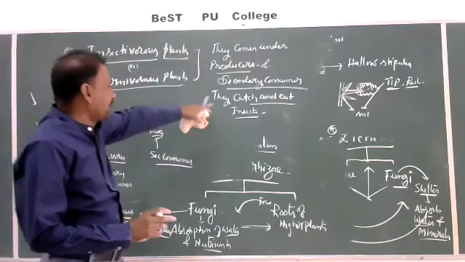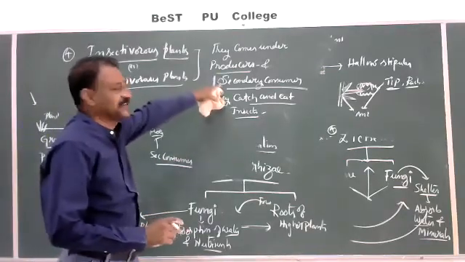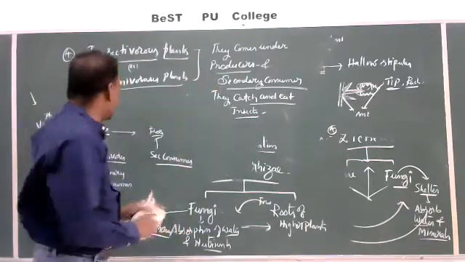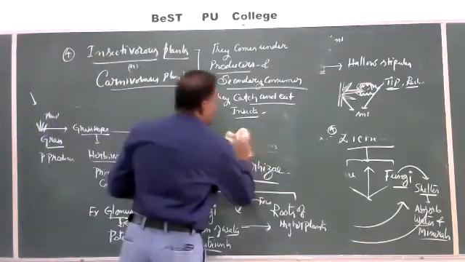So whenever they are performing this function, they are called secondary consumers. Here, what is this and how to understand this?